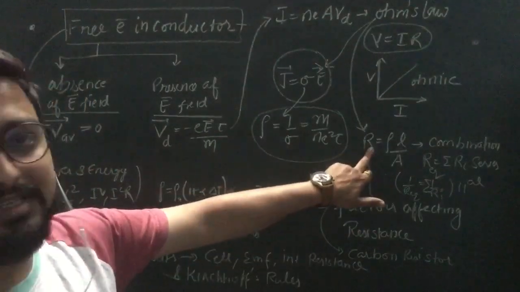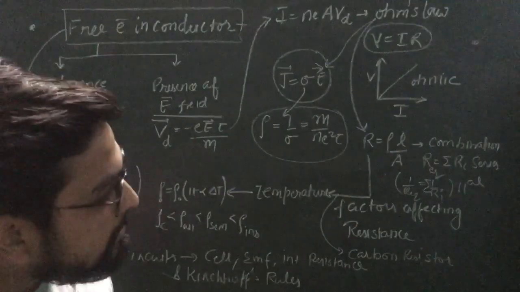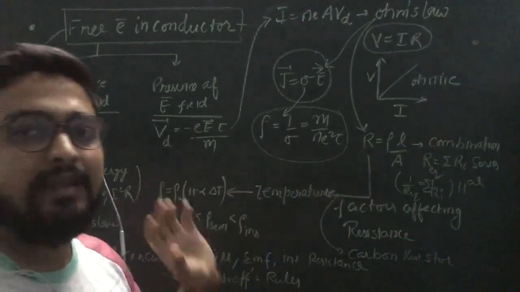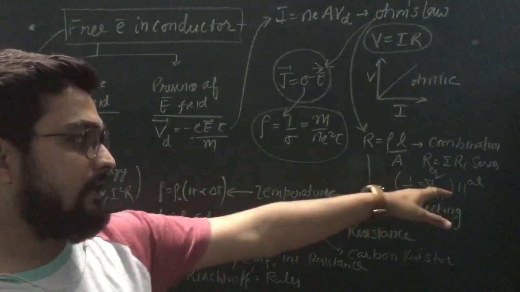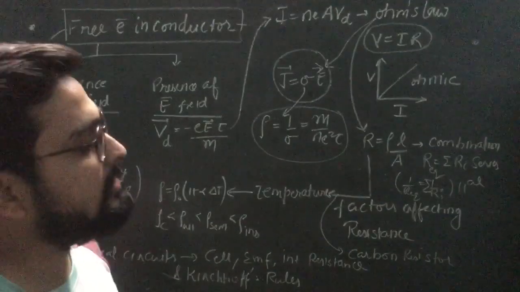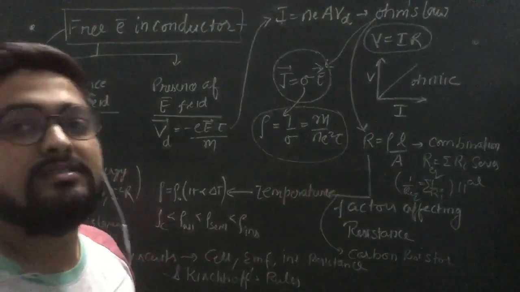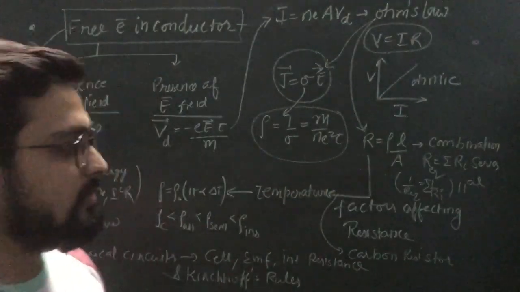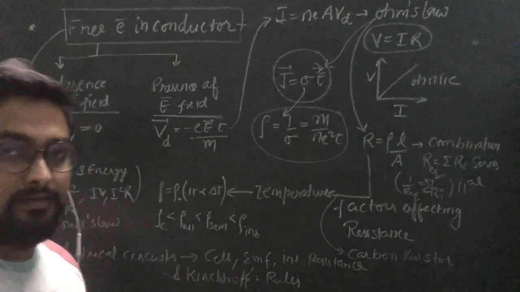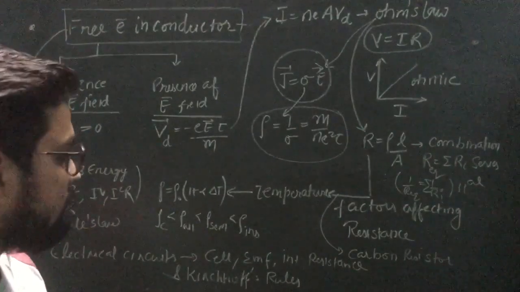SI unit of resistance is ohm and resistivity is ohm meter. Resistances can be in series combination or in parallel. In series, the equivalent resistance is given by summation of all the resistances. In parallel, 1 by R equivalent is equal to summation 1 by Ri, that means 1 by R1 plus 1 by R2 plus 1 by R3 and so on.